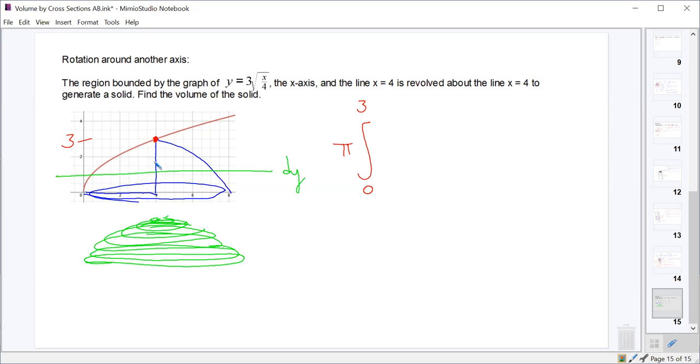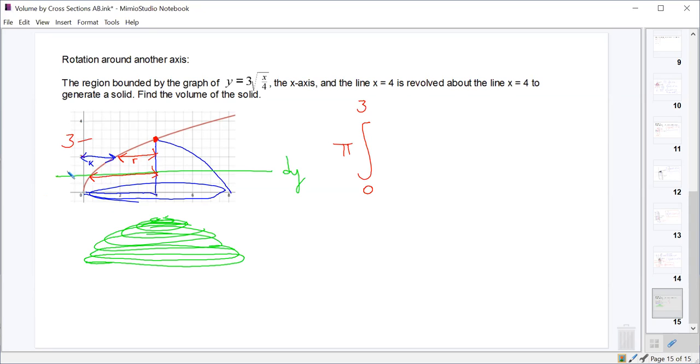So the radius goes from the line we're oscillating around to the left bound of my region, which is my function. Okay, so no matter where I'm at, that's my radius. Well, what is this other distance that's left there? How do we measure a distance from the y-axis to some point? It's always x.